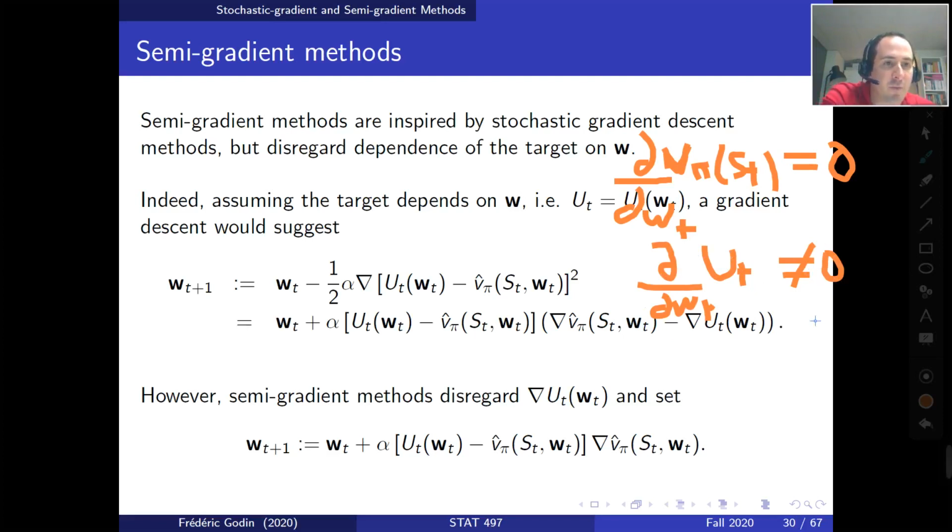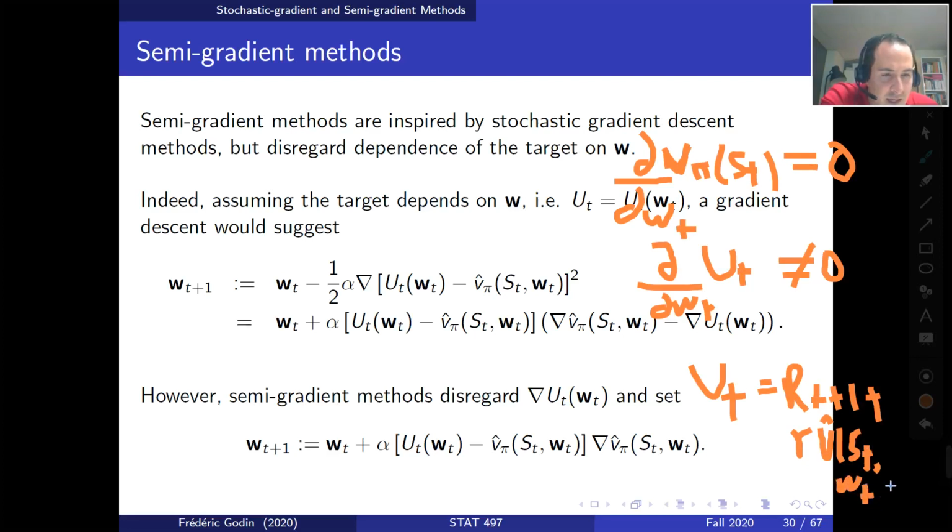For example, if we use the TD(0) target, then U_t is R_{t+1} plus gamma times v-hat(S_{t+1}, w_t). So the target depends on the estimate of the value function on the next state, and the partial derivative of U_t with respect to the parameters is typically different from 0.